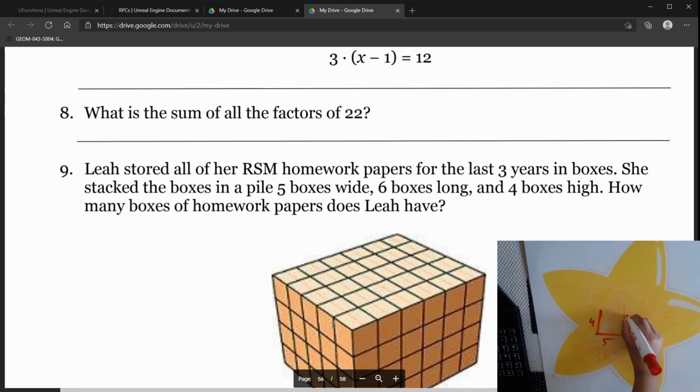Don't draw this in the exam, because there is actually a trick. So you just do 4, 5, and 6. You just multiply them. That's the trick. And then 20 times 6 equals 120. So that would be the answer.